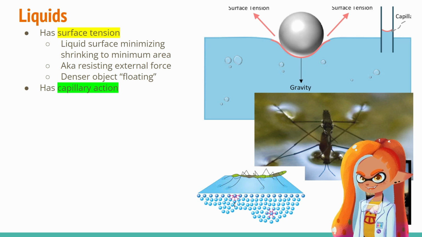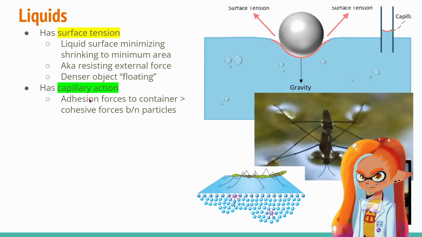The other property to know is capillary action. You can see this tube here. If you insert it into a liquid, you'll see that meniscus, as you've seen with graduated cylinders and such, if it's small enough. And so there are adhesion forces and cohesive forces.